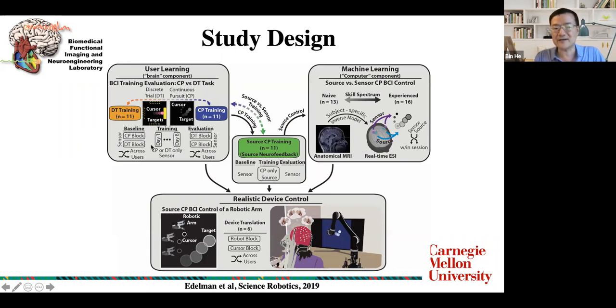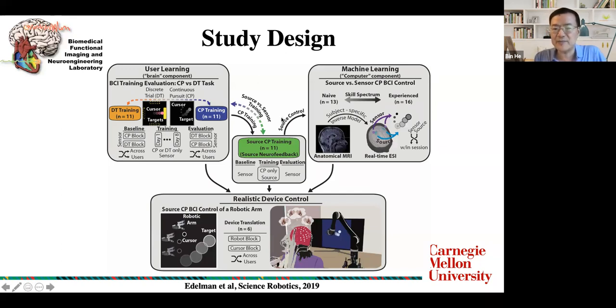We performed, to our knowledge, the first investigation of a continuous pursuit task in the EEG-based BCI, versus the generally used center-out discrete event. And we look at the background and baseline recording. We perform training, and then we evaluate them. We basically investigate all the combinations in the hope of finding out what the most critical factors are in terms of the brain aspect.